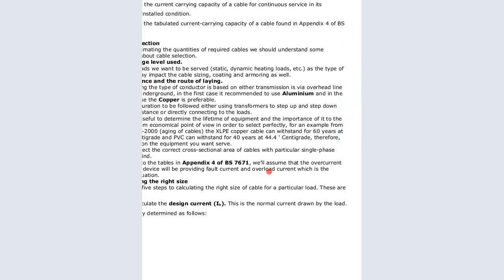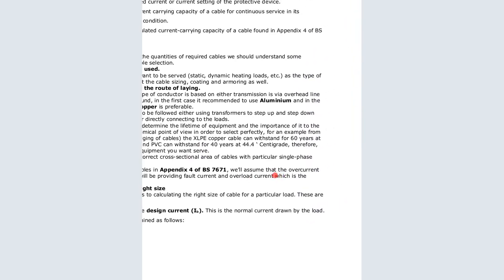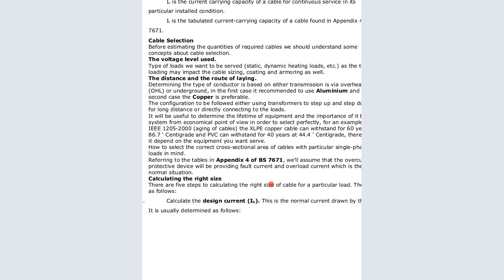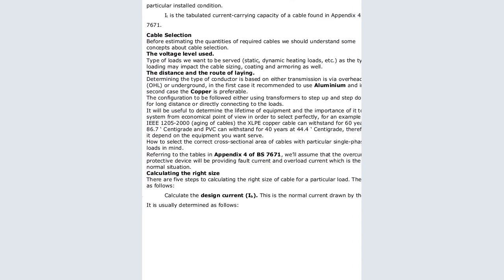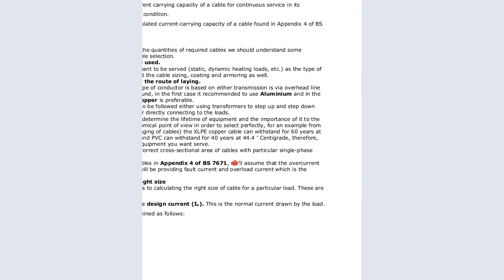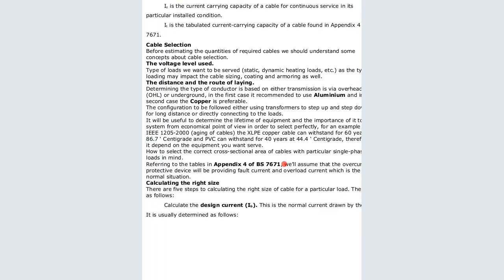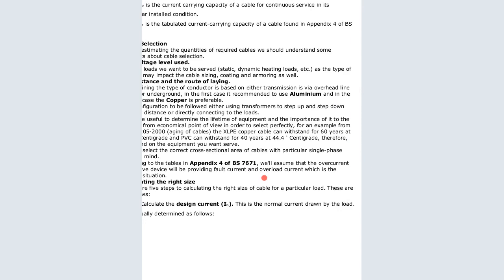In order to select perfectly, for example, from the IEE regulations, which we said are the ones that normally guide us, XLPE copper cables can withstand 60 years at 86.5 degrees centigrade, and PVC can withstand 40 years.